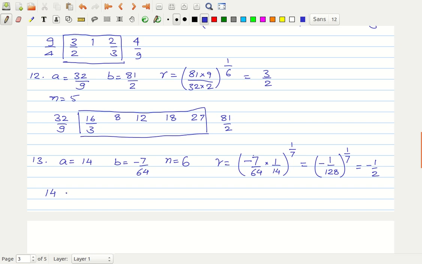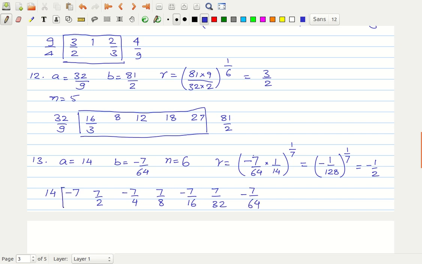If I multiply this by minus half, I get minus 7, and then I multiply by minus half again, so this becomes 7 by 2, then I multiply by minus half again, and I get minus 7 by 4, and then I multiply by minus half again, so this becomes 7 by 8, minus half again, minus 7 by 16, then 7 by 32, and finally you have minus 7 by 64.